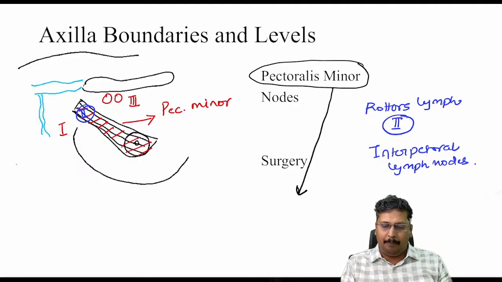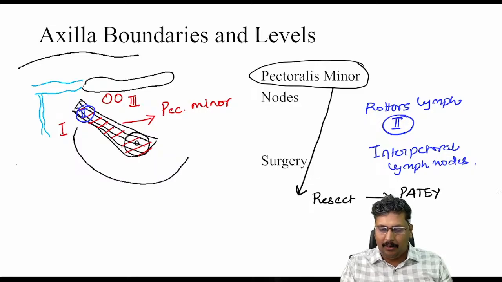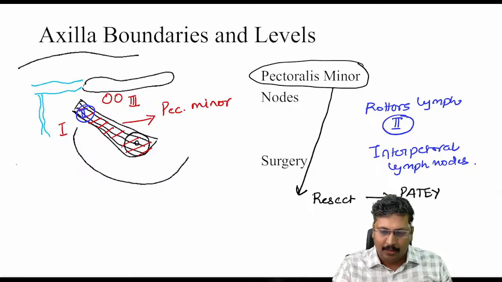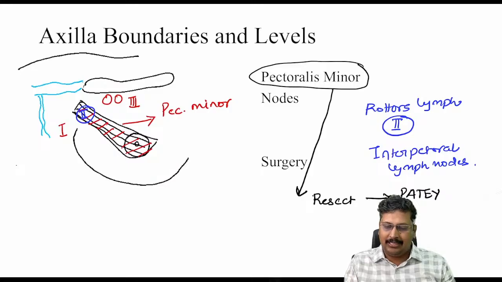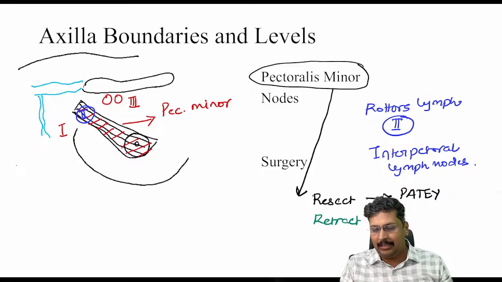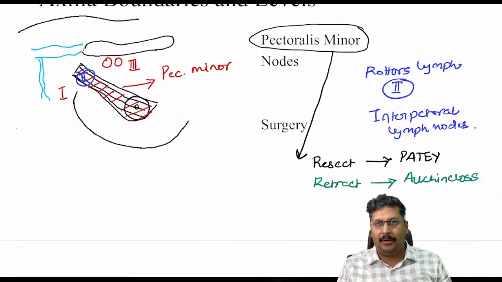When you completely resect the pectoralis minor muscle, it is called Patey's variation of modified radical mastectomy. But when you just retract without cutting or without resecting, then it is called the Auchincloss type of modified radical mastectomy.